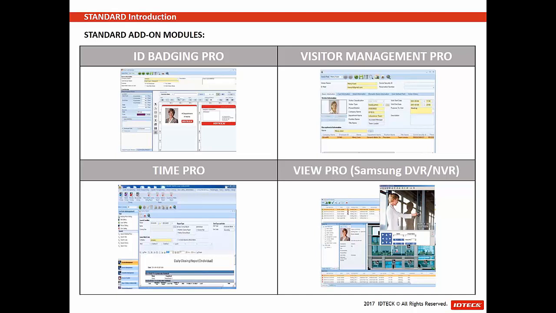ID Badging Pro is a module designed to let you create your own customized badges. Visitor Management Pro is designed to provide you with the capability of managing visitors. Features like pre-registration, visitor access and record management, and various notification and reporting capabilities will be provided.